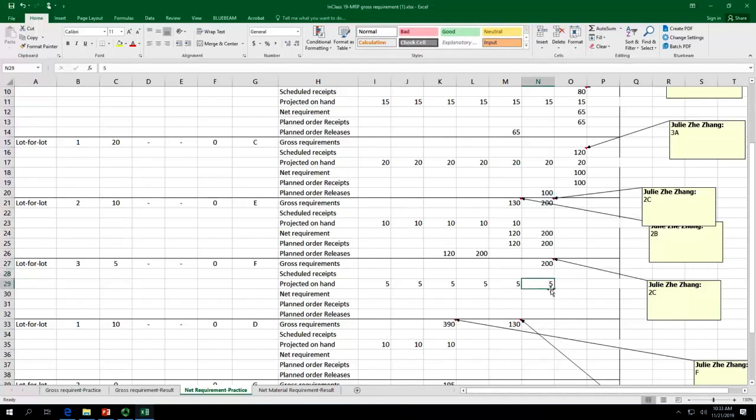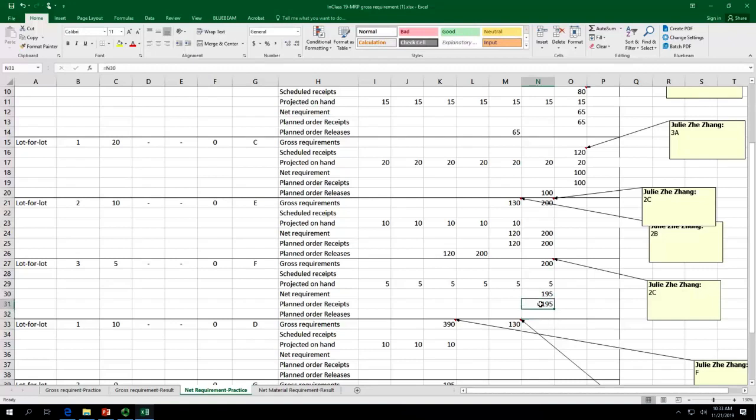And because we have 5 pieces at hand, now you only need to receive 195. This 195 equals 200 subtract 5. So in a planned order receive, it is 195.